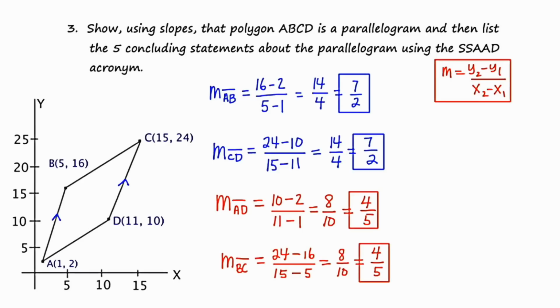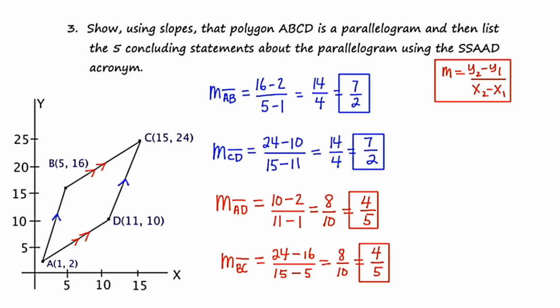And let's remember from an earlier section in the book that if the slopes are the same, then the lines are parallel. Okay, so my conclusion now is that I have a 4-sided polygon in which both pairs of opposite sides are parallel. So yes, this is a parallelogram.